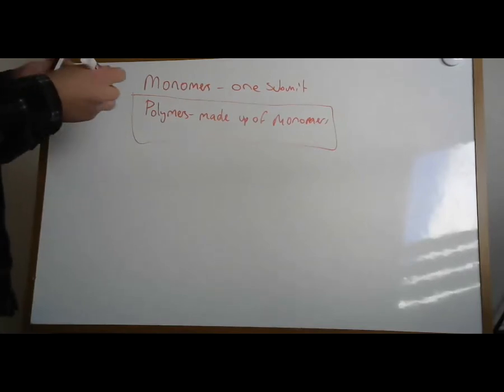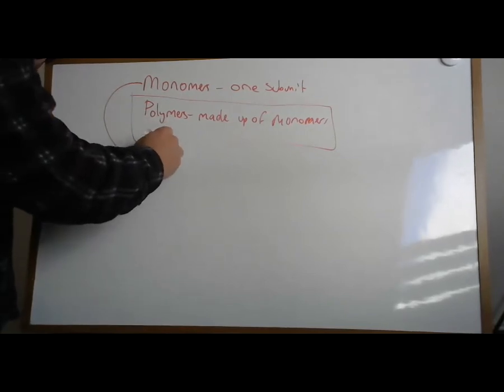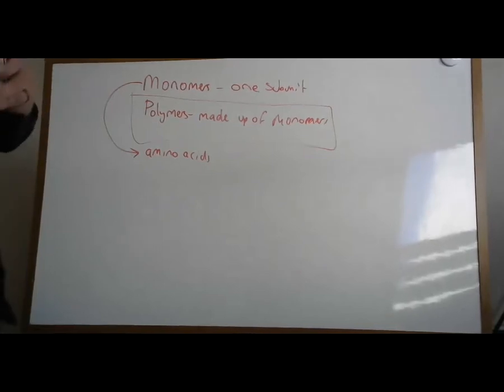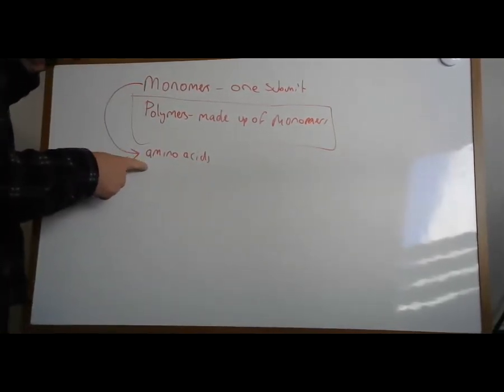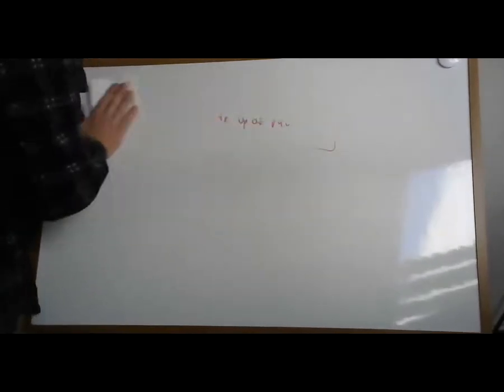And the monomers we're going to talk about today are the amino acids. So, monomer, the amino acids, you can guess that proteins are going to be made up of many amino acids.